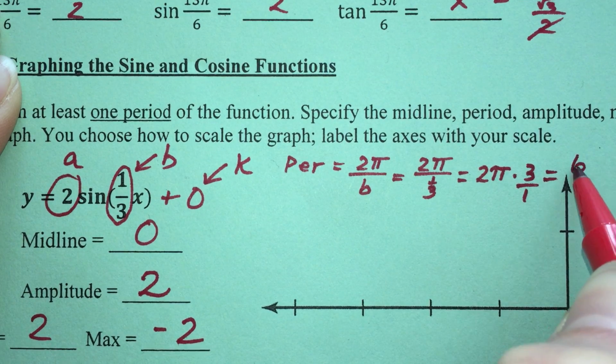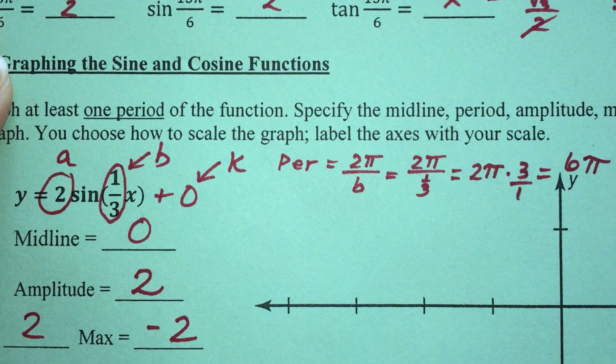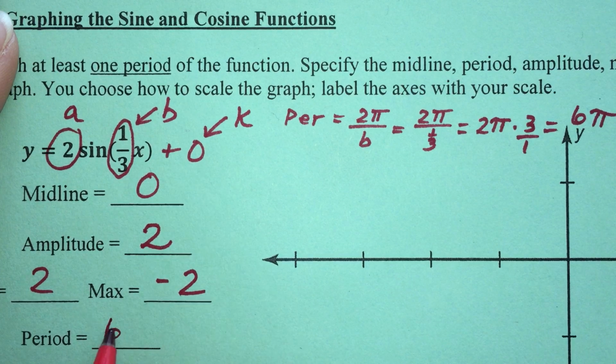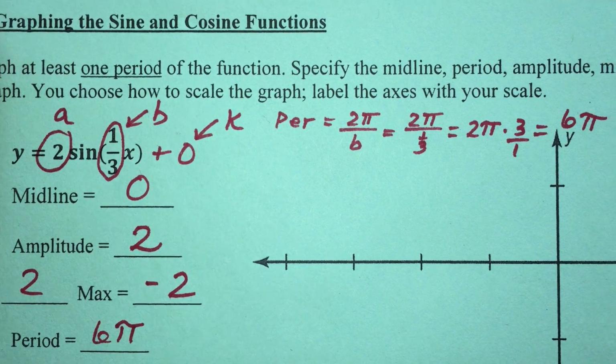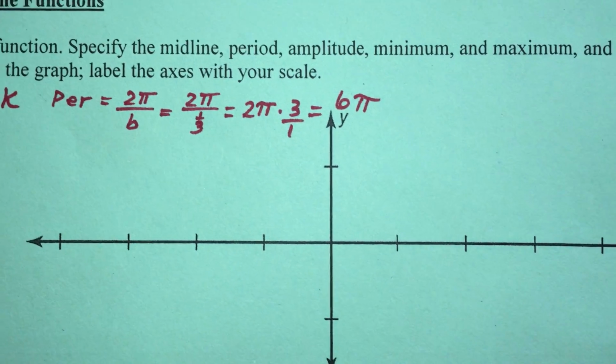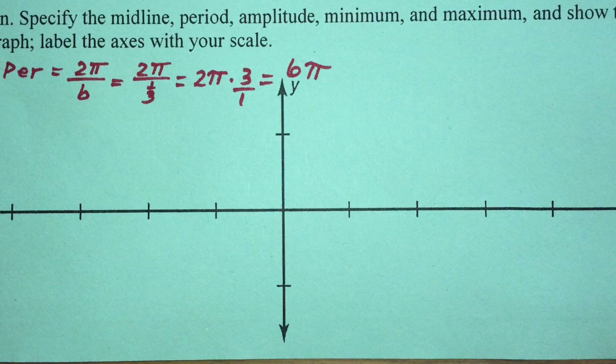So we're left with 6 pi as our period. This means instead of repeating every 2 pi, this function is repeating every 6 pi, so it is stretched out horizontally. Over here, I'm going to reflect that in how I scale this.